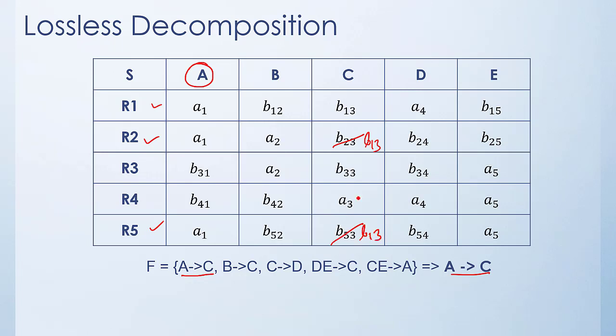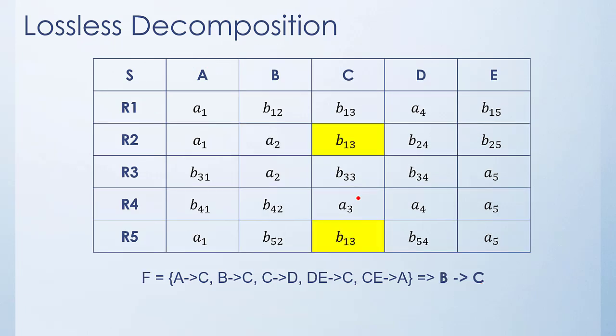So we have replaced with the Bij value, and we have the same Bij value for the corresponding attribute, that is C, for the corresponding rows, that is R1, R2 and R5. After the change, the S matrix will look like this, and the cell we have changed is highlighted in yellow.